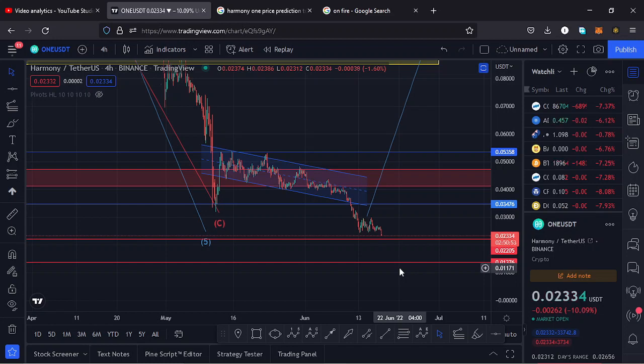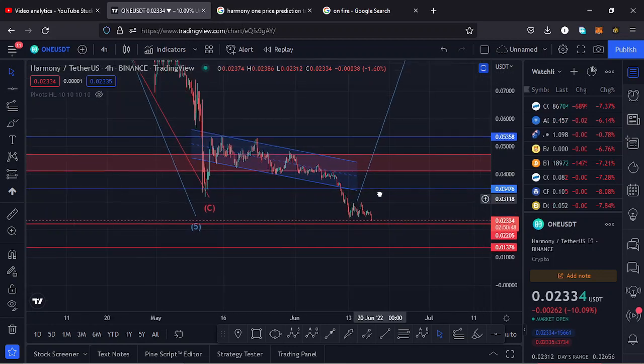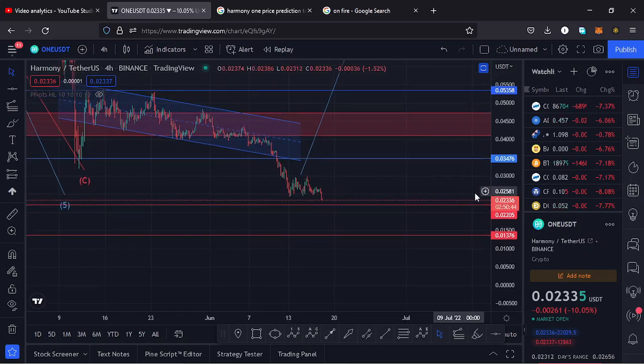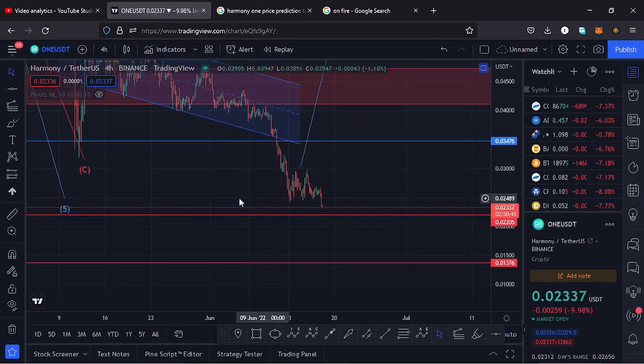I believe this is a very crucial moment for Harmony One, because some of the key scenarios that can play out here might be the worst case scenarios for Harmony One.